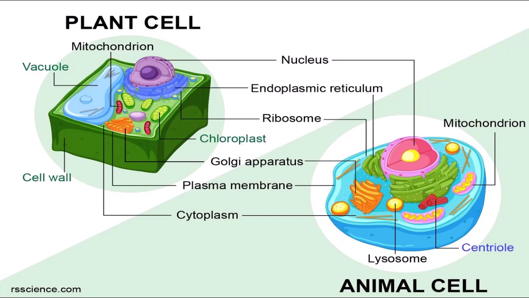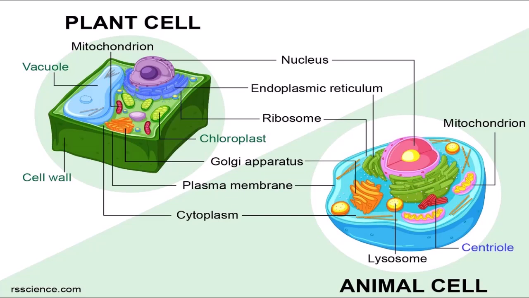Next structure is chloroplast. Chloroplast is an organelle that contains the photosynthetic pigment chlorophyll that captures sunlight and converts it into energy. Chloroplast is present in the case of plant cell, whereas it is absent in animal cells.